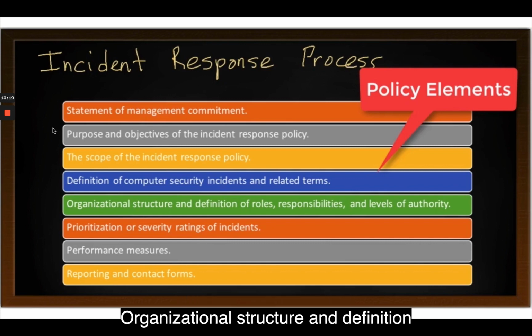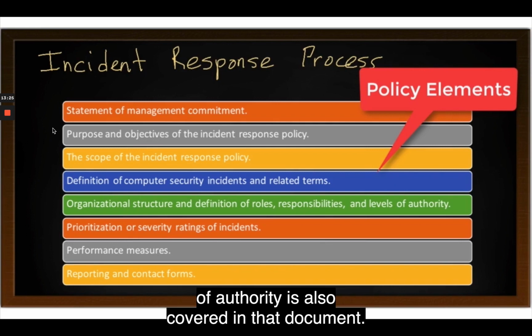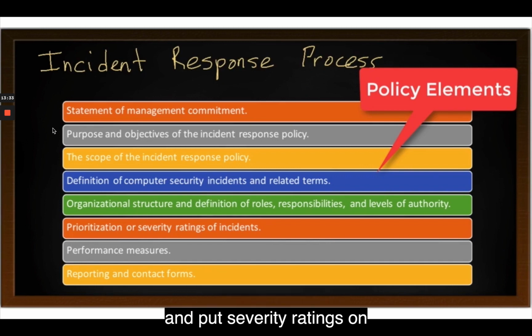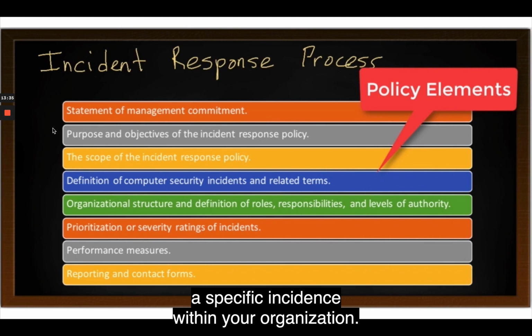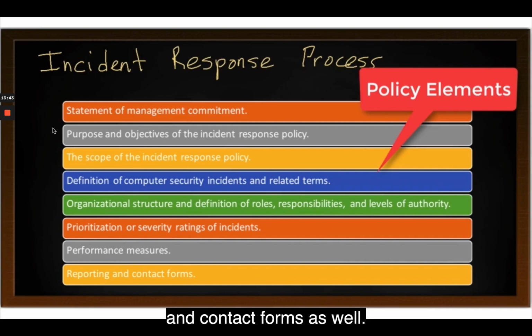Organizational structure and definition of roles and responsibilities, and also the level of authority, are also covered in that document, right? So it provides guidelines on how to prioritize and put severity ratings on specific incidents within your organization, right? And it goes over how to perform reporting and contact forms as well.